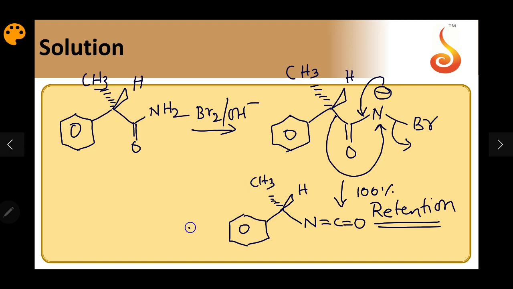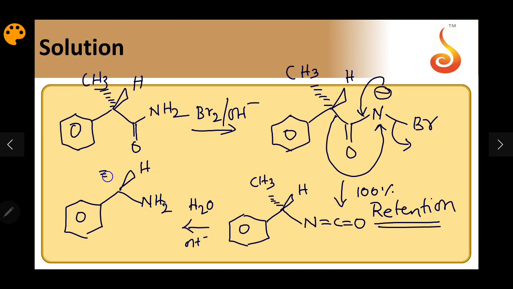So when you hydrolyze this in basic medium, I get the amine with the absolute same configuration. H still remains in the wedge, methyl group still remains in the dotted line. So this is the product you will get, only one product, no other product. There is no racemization, no inversion, it is 100% retention. So only one product is formed, no stereoisomers.